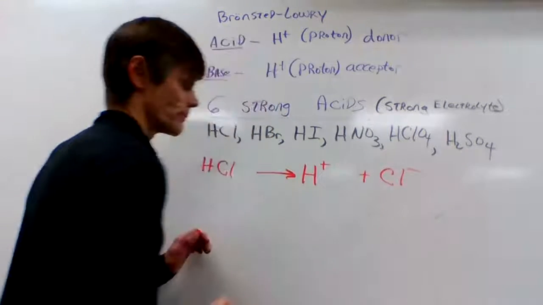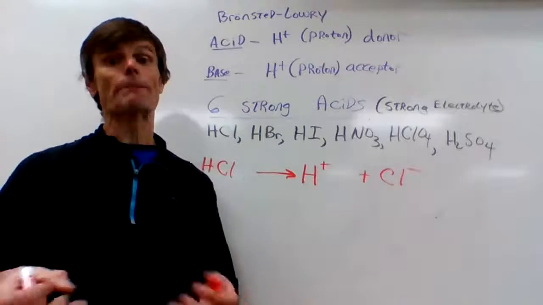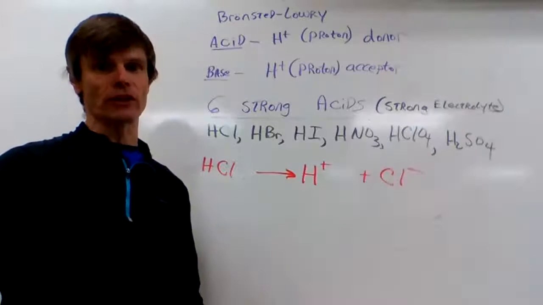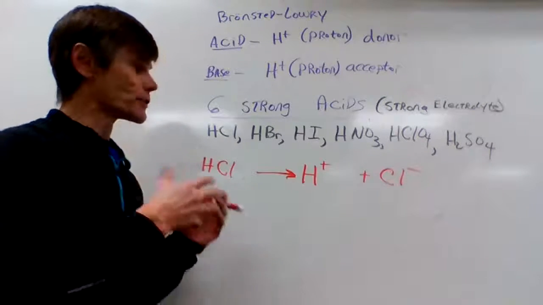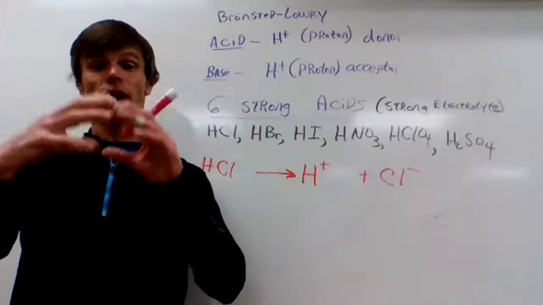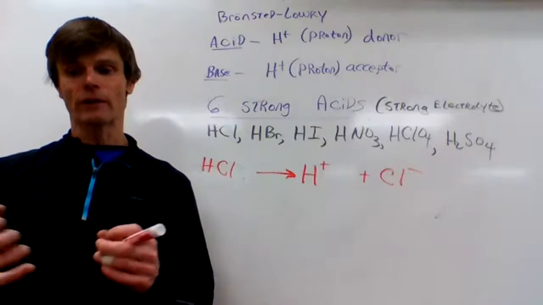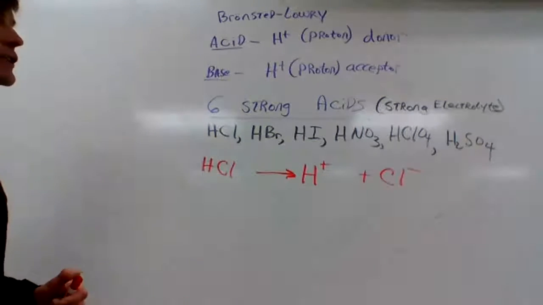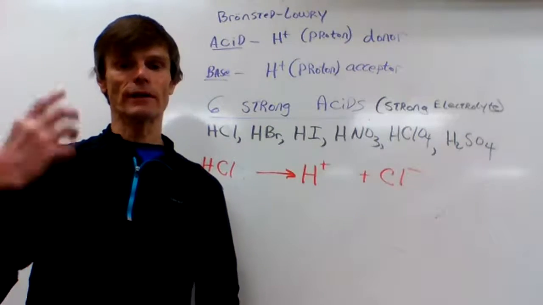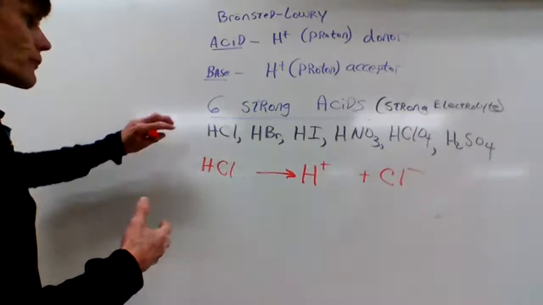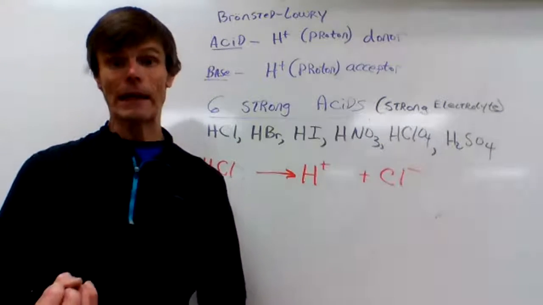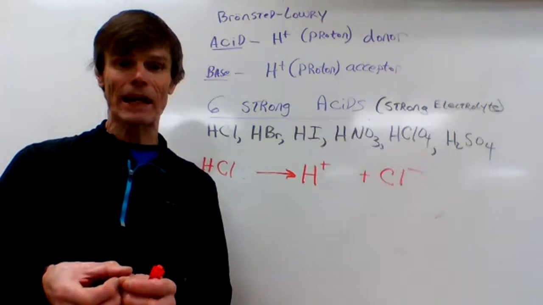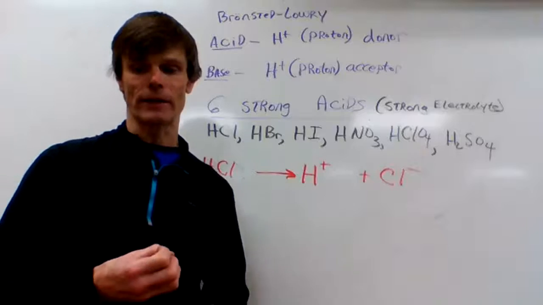They ionize or break up, dissociate into positively charged ions and negatively charged ions. And like the sodium chloride, it would cause our light bulb in our experiment to illuminate pretty brightly. So these are the 6 strong acids you need to memorize. If an acid is not on this list, it's a weak acid. And we'll discuss those in a few minutes when we introduce weak acids as being weak electrolytes.